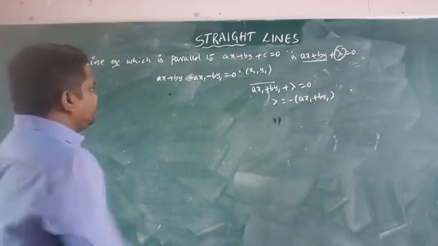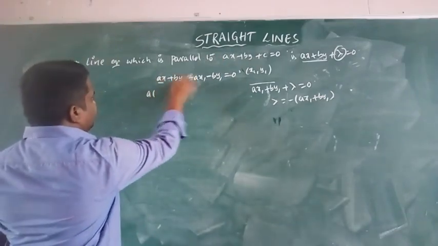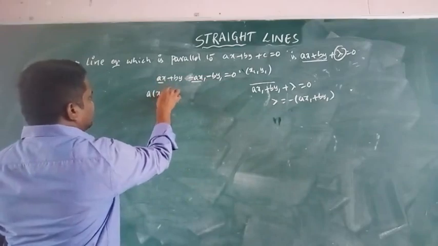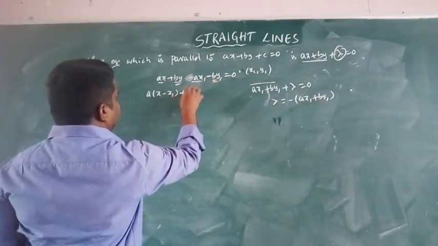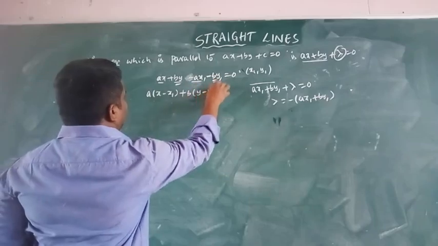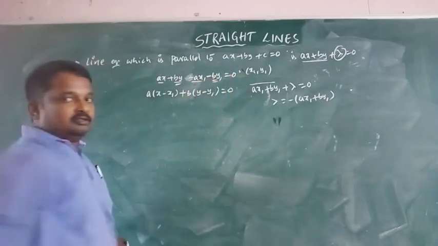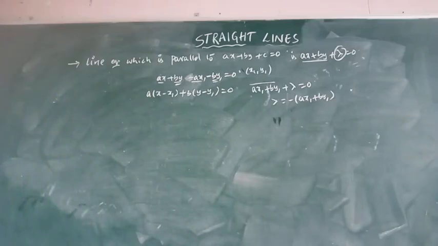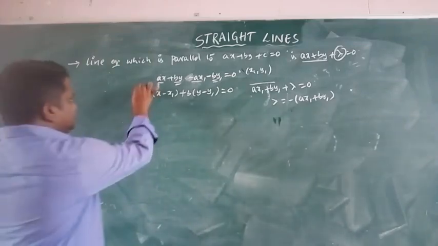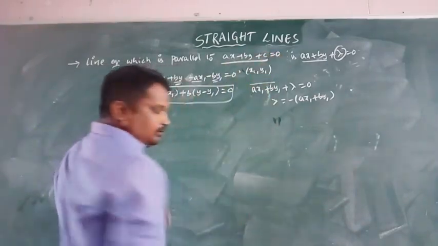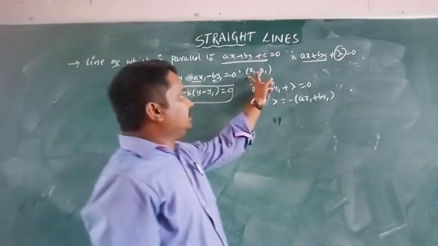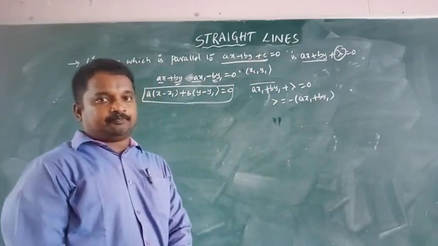From these two I take a common: a(x - x1), plus from these two I take b common: b(y - y1) = 0. This is the line which is parallel to ax + by + c = 0 and passing through (x1, y1).